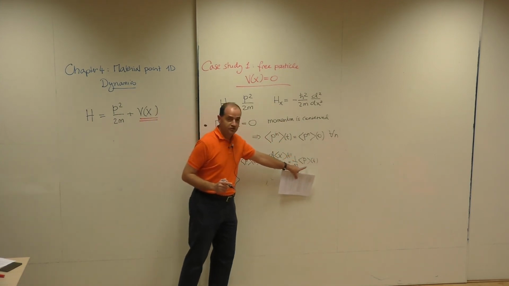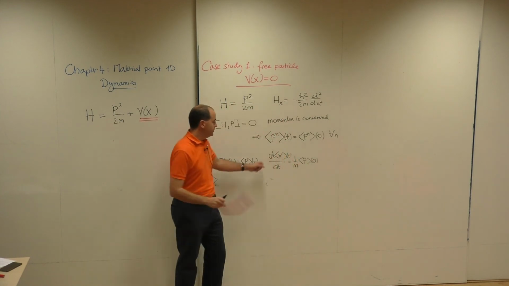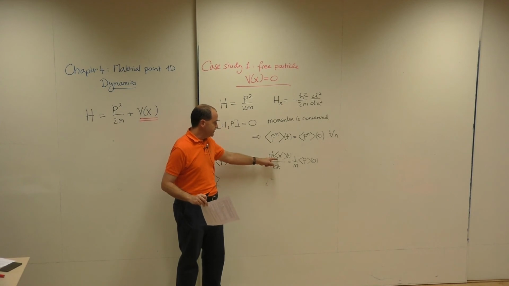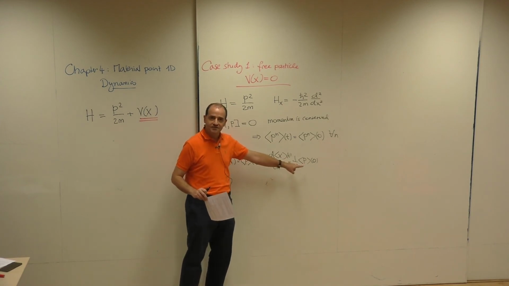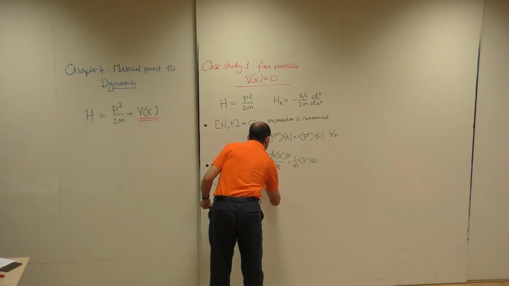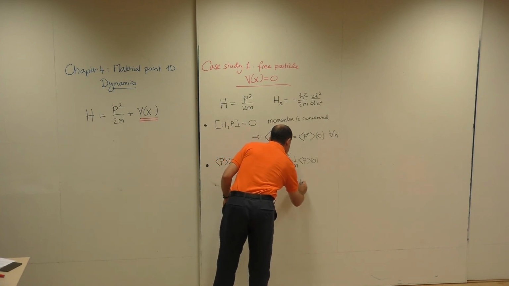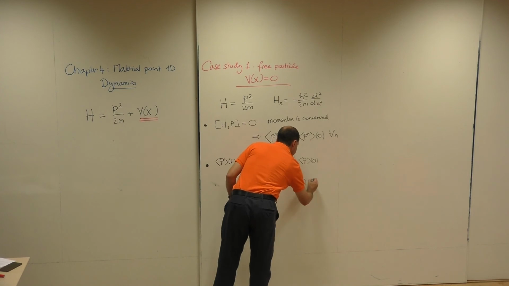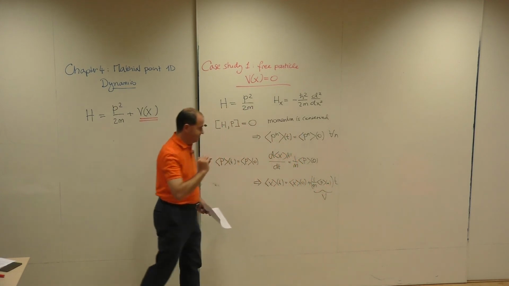But momentum does not depend on time, so this is equal to p of 0. And now we have a very trivial differential equation, where the derivative of this function of t is equal to a constant. So from here, we immediately get that x of t is equal to x of 0 plus this object times t. That's usually called speed.